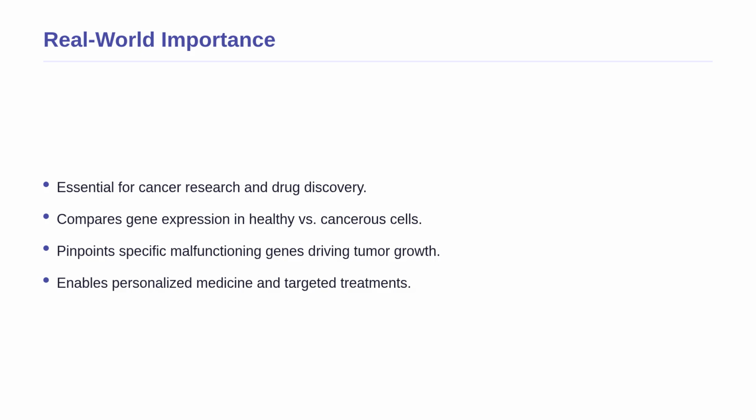So, why does this massive scale of data collection matter in the real world? Without functional genomics, having a fully sequenced human genome is like having a massive instruction manual written in a language we cannot read. In the real world, this technology is heavily used in cancer research, drug discovery, and personalized medicine.